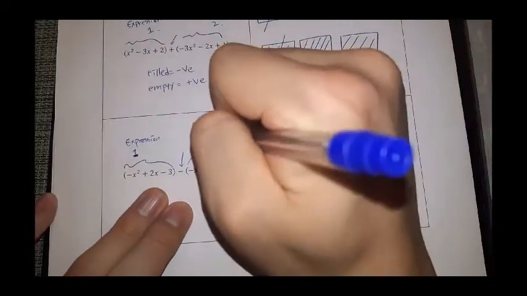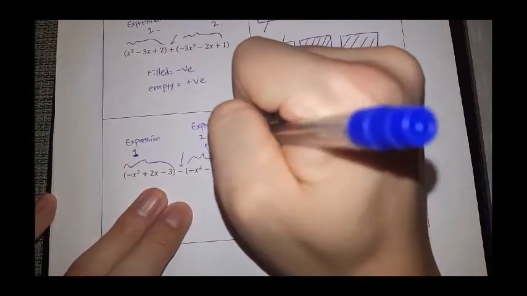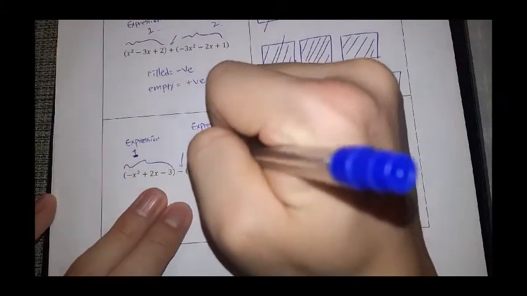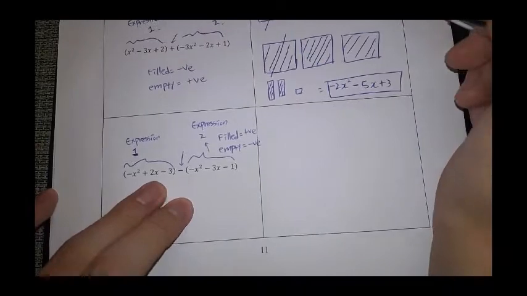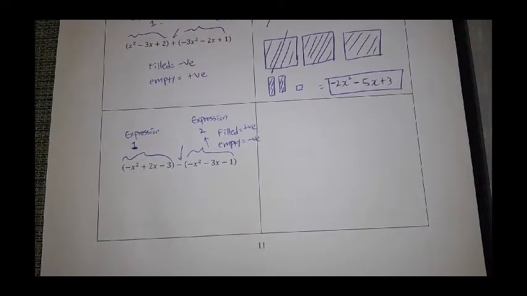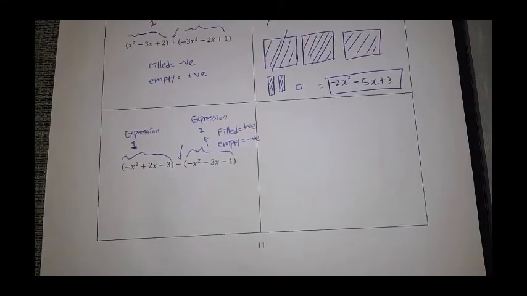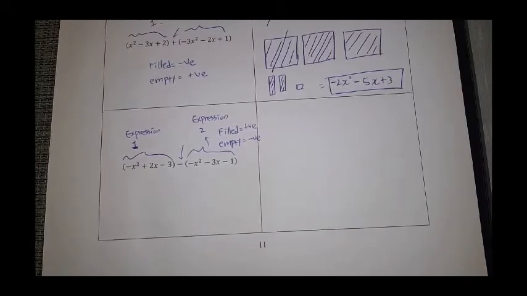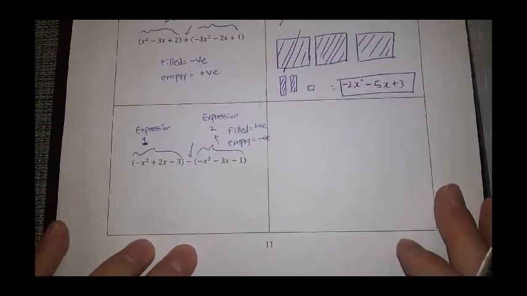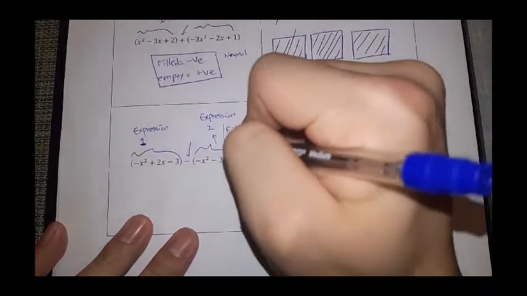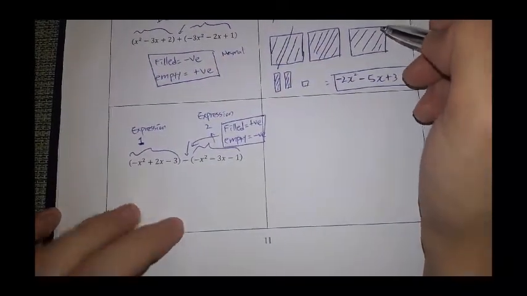What I mean by that is filled will be positive, empty will be negative. This is a fancy way of saying changing the sign, basically. I'm going to explain to you why more when it comes to the algebraic method. So at this point, just know that this is a normal rule, a rule that is applied for the negative sign.